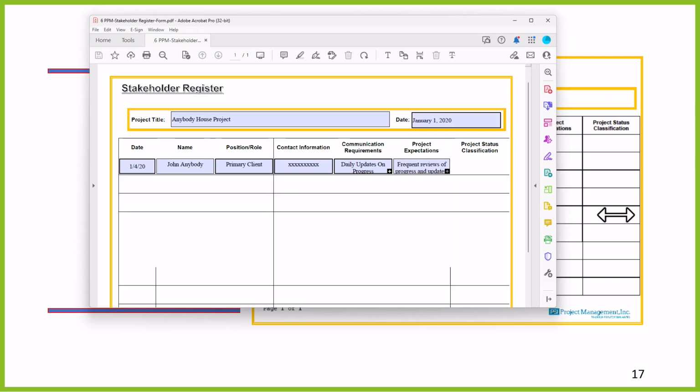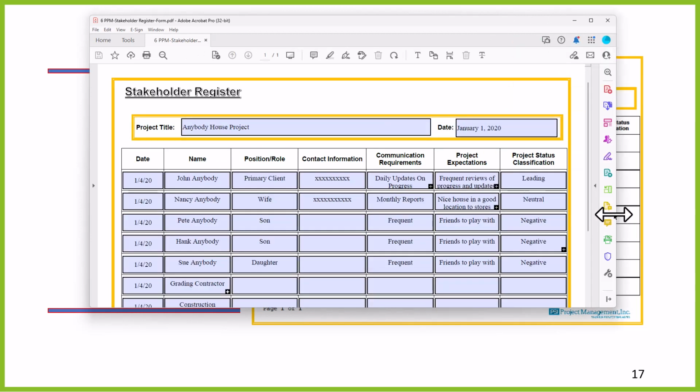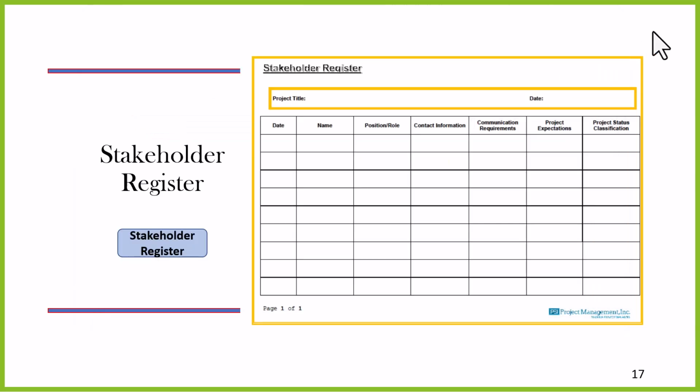When I say attitude, I mean, are they really leading? They really want this project? Are they resistant to the project? Are they neutral? Exactly what is their status towards the project itself? We need to understand that. We'll do more about that in just a minute.